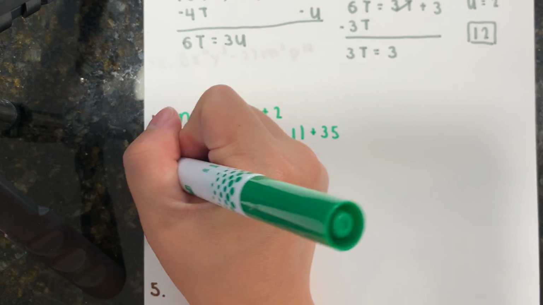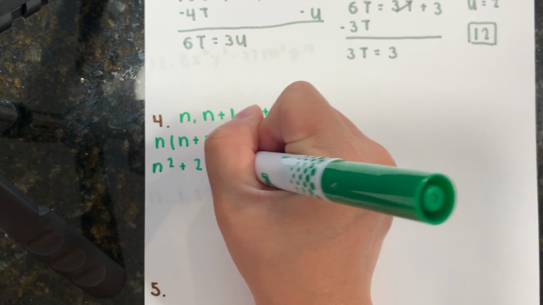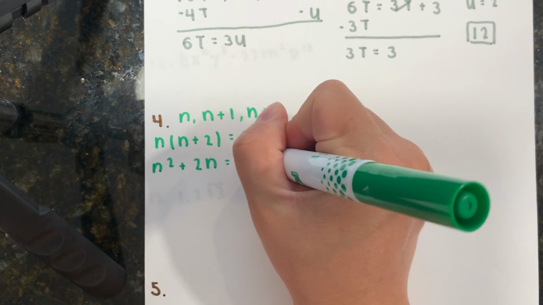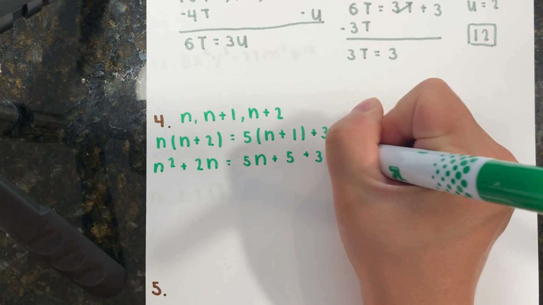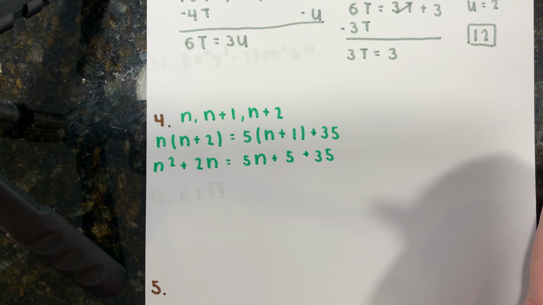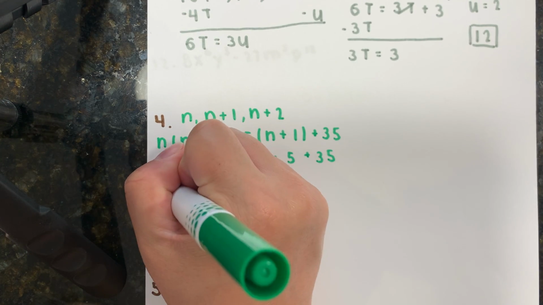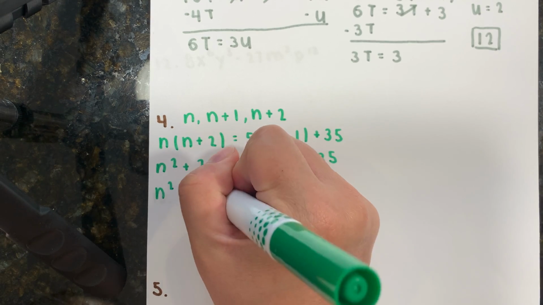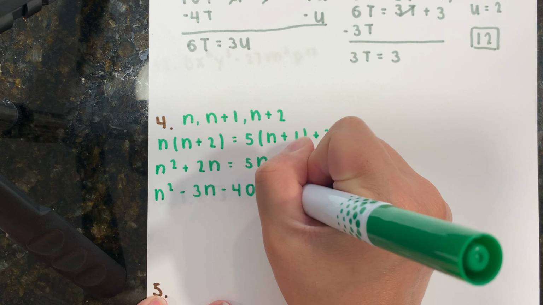So now I'm going to multiply this through, so I get n squared plus 2n equals 5n plus 5 plus 35. If I bring this all over to the left-hand side, I'm going to get n squared minus 3n minus 40 equals 0.